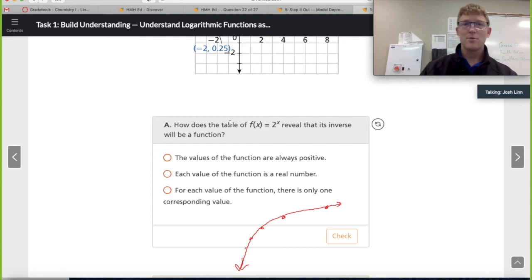So how does a table f of x equals 2x reveal that its inverse will be a function? So in order to be a function, you have to have what's called a 1-to-1 ratio, or a 1-to-1. For every f of x, there is an answer, I guess. And so the values of the function are always positive.